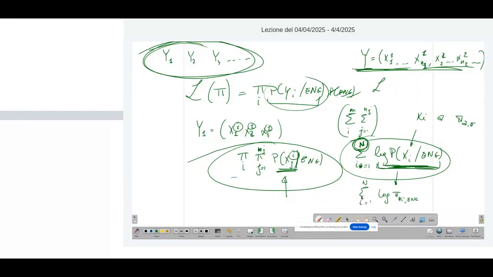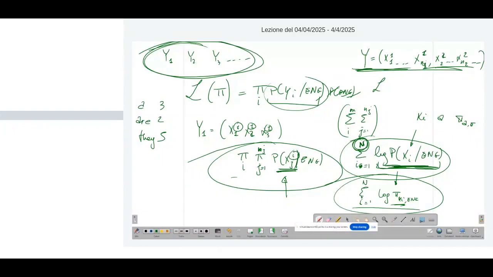Now, these terms look like what? If you remember what we did before the break, it looks very similar to the likelihood that we had for the full color. Actually, let me rewrite it in this way. Let's imagine that I have a document where A appears 3 times, R appears 2 times, they appears 5 times, and so on.